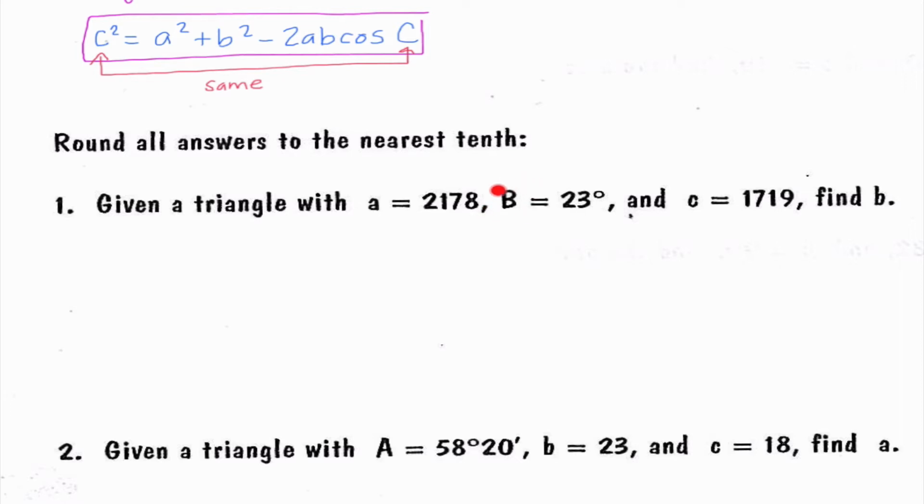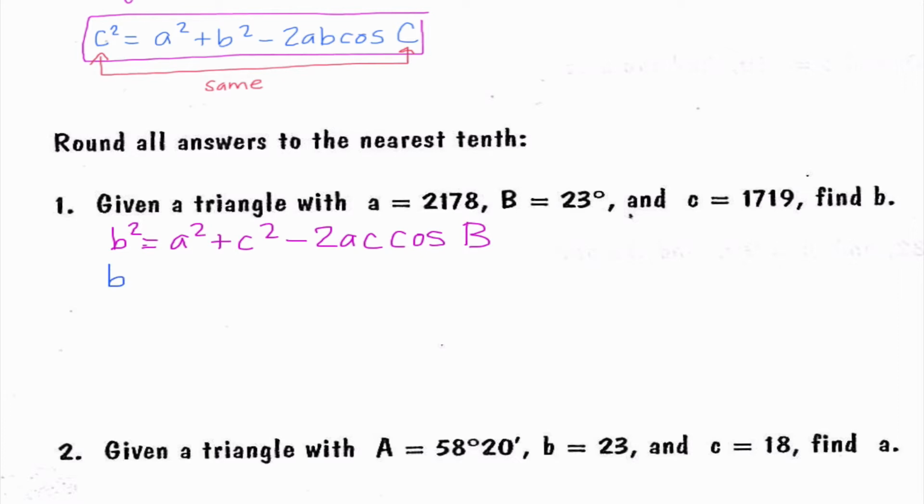Since I'm dealing with angle B, that means that I need to put side B all by itself. So I have b squared equals a squared plus c squared minus 2ac cosine of angle B. And once again, I normally just write in that info until I have that formula memorized.